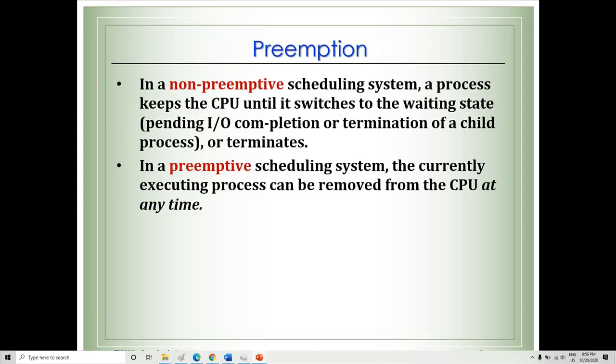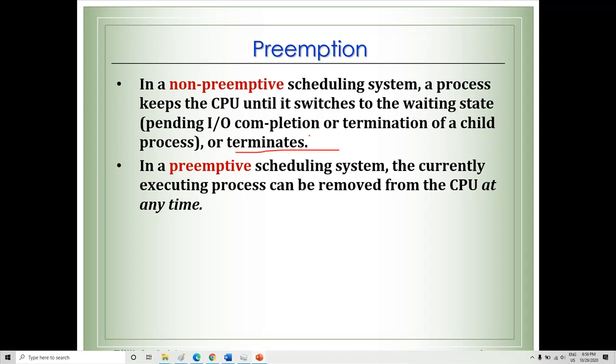So preemption. In a non-preemptive scheduling system, a process keeps the CPU until it switches to the waiting state or it terminates. Already we have discussed this. Example, the FCFS algorithm: a process will keep the CPU until it switches either to the waiting queue or it terminates.